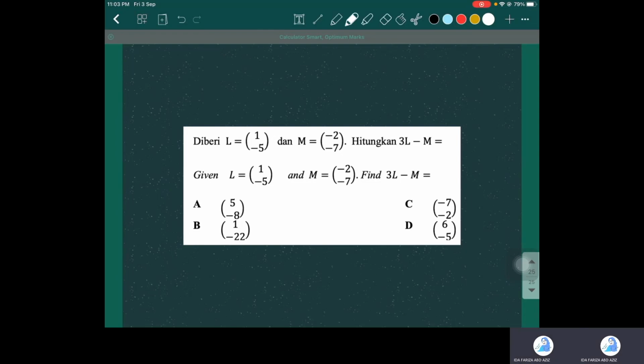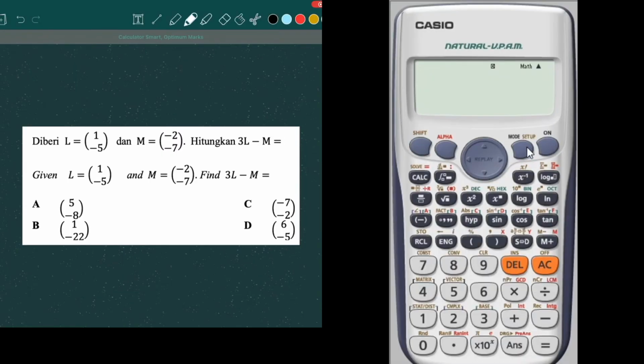Okay, for us to solve using matrix mode, we have to press mode. Press mode and then choose matrix, number 6. Then it will ask for matrix ABC. Now we take matrix A first. It will ask for the dimension, n times n. So in our question it is 2 by 1, so enter 2 by 1. Enter element 1, negative 5. 1 equal, then press negative 5 equal. Okay, I made a mistake. Oops, wait a moment.